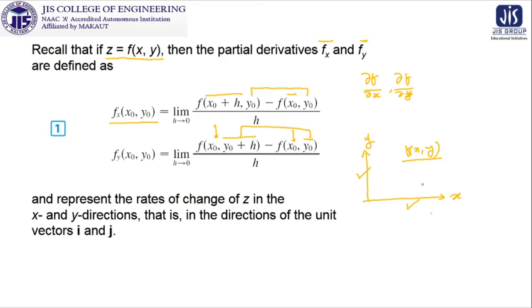Now, what are the unit vectors in x and y direction? We know that they are standardly represented as i and j. So we can consider the direction i, that means direction of x-axis, and the derivative of f in the direction of x, that means in i. Clear? And this is in j.